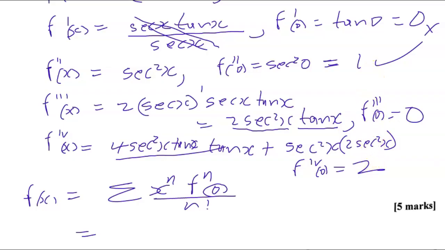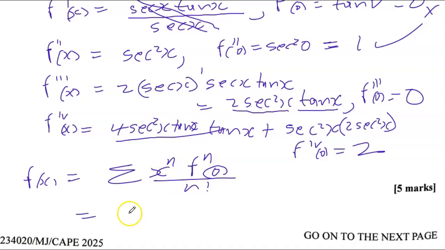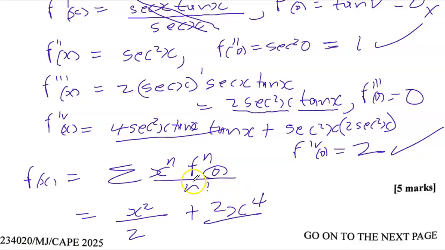For the second derivative, n will be 2, so x squared, and then the second derivative evaluated at 0 is 1, so x squared times 1, over 2 factorial, which is 2. Plus, for the fourth derivative, x to the fourth power, and the fourth derivative was 2, so 2x to the fourth power, over 4 factorial.